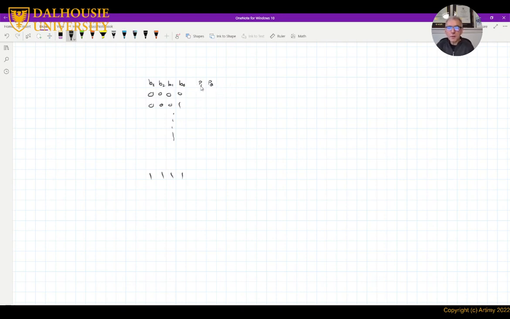So the first parity bit looks only at this one and this one, hypothetically. The second parity bit looks at these 3. You see what I mean? So each parity will pick only a few bits to look at.